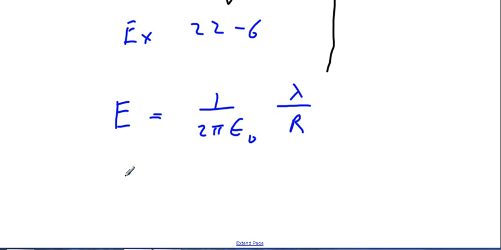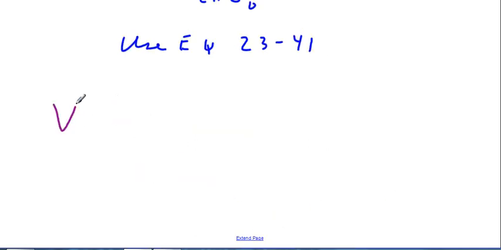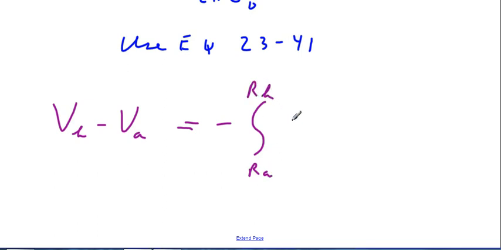And then we're going to use equation 23-4a, and we're going to say that V_B minus V_A, the change in V, is equal to minus the integral from r_A to r_B of the electric field dot dl.